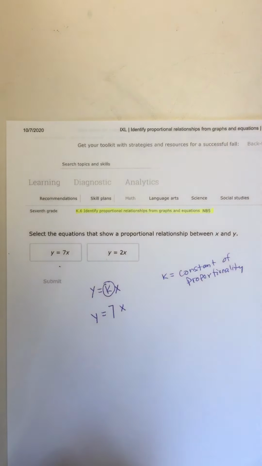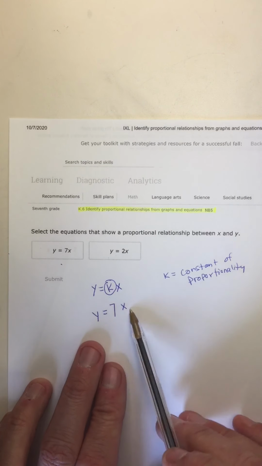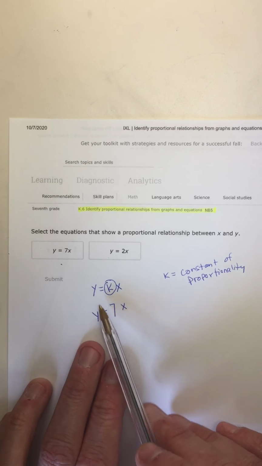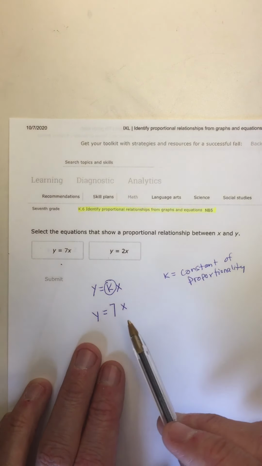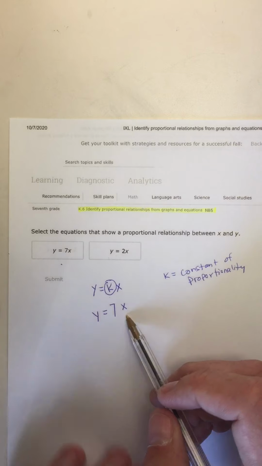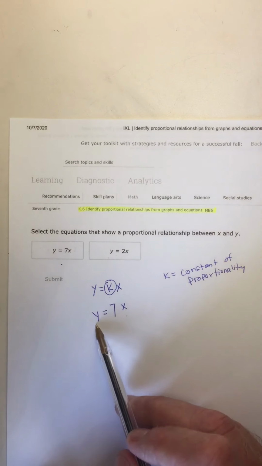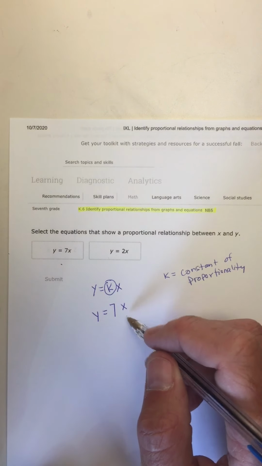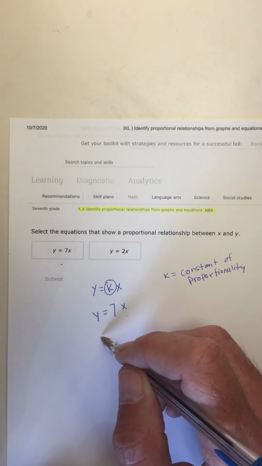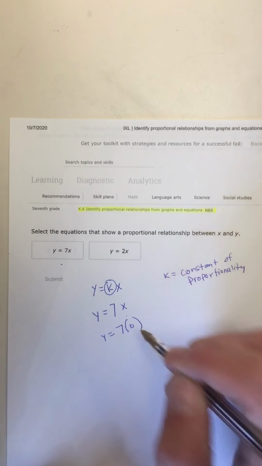So let's take a look for a second. Will this be true? 0, 0 would mean that both the y and the x were 0. So if that's the case, then if we took this equation, which is the y equals 7x, if we replaced x with 0, that would be y equals 7 times 0.